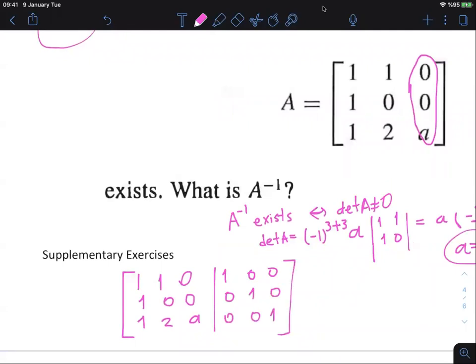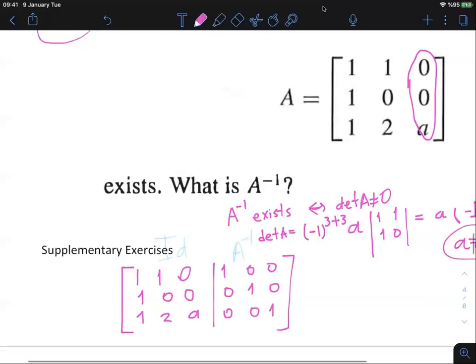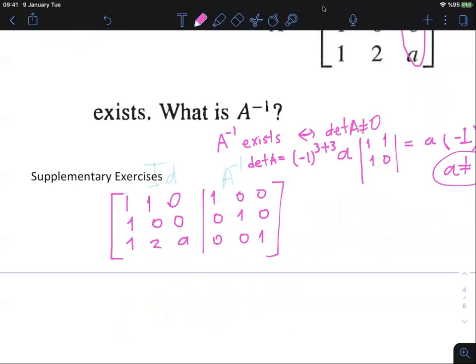Then we use elementary row operations to have the identity on the left-hand side. So we want this side to be the identity and this part to be A inverse. So how does it work? Okay, we can start by swapping these two rows, right?